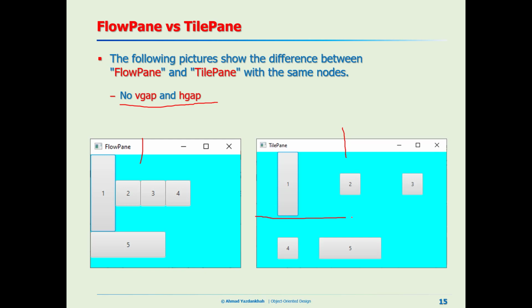So this is actually the same size of the grids here, right? Something like this. But in the flow pane, it doesn't need to have the same size of cells. Look at this. It just makes a flow of the nodes and arranges them like this.